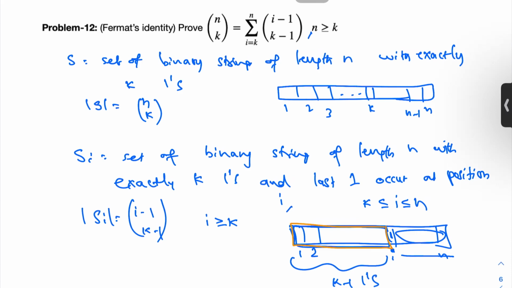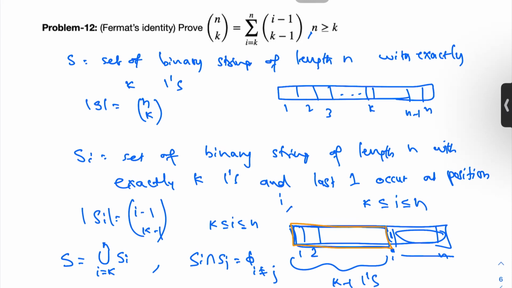Also, k is less than or equal to i, which is less than or equal to n. Here you can see that S can be written as the union of Si for i equal to k to n. Also, Si intersection Sj is empty for i not equal to j.